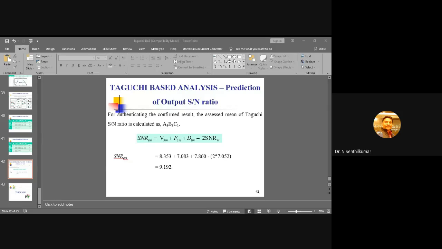In some cases, Taguchi will provide better results for single objective. For multi-objective, we can use gray relation analysis and TOPSIS. It all depends upon the number of input factors, what your outputs are, like this.